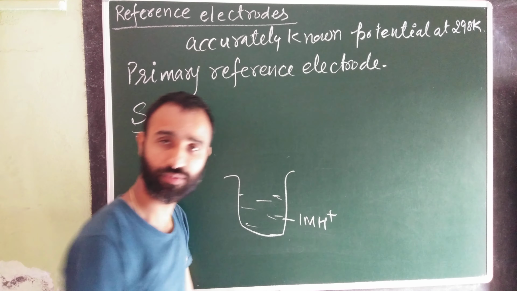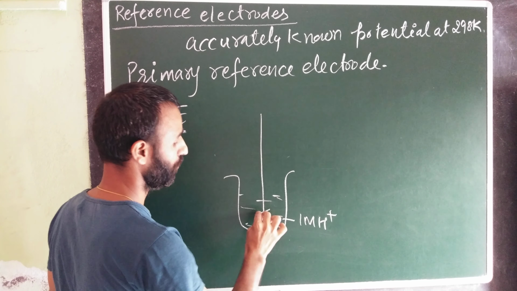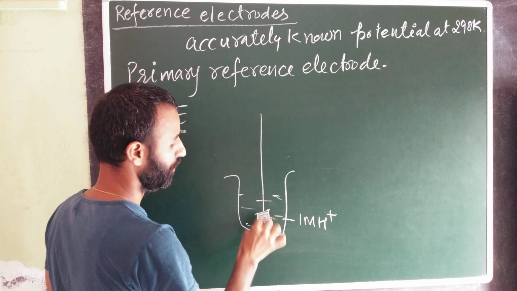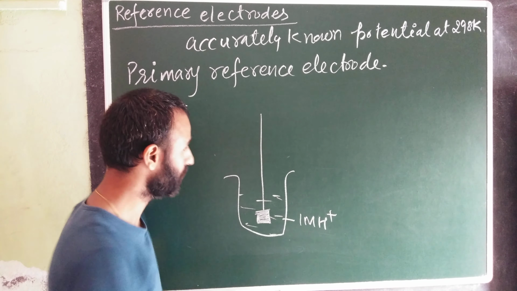of H plus ions. Then platinum foil, which is blackened with platinum black. Platinum black is platinum particles, right?